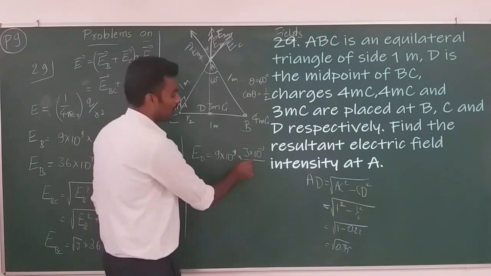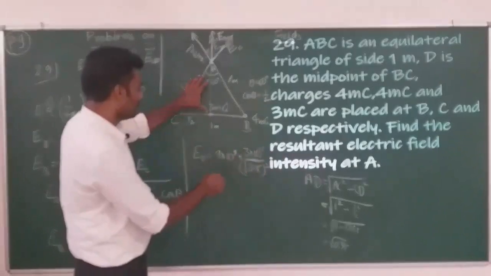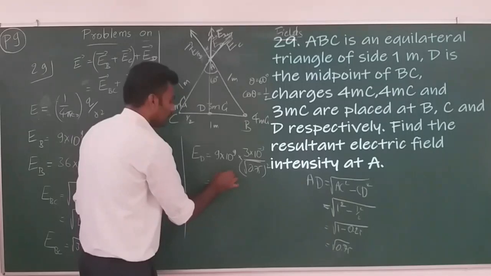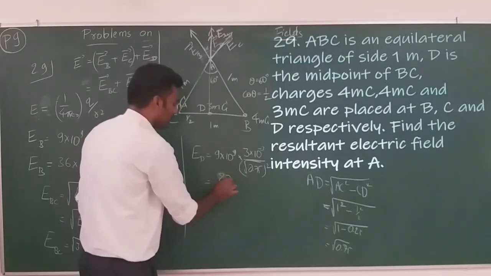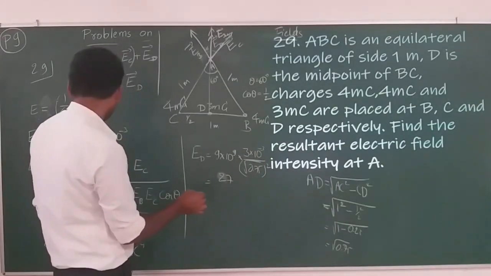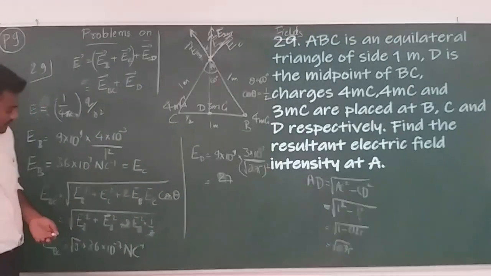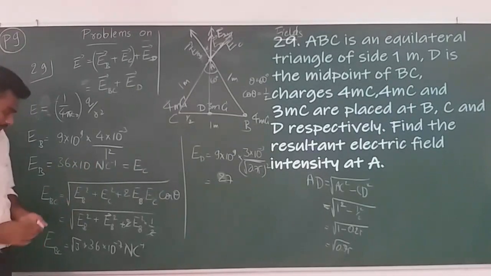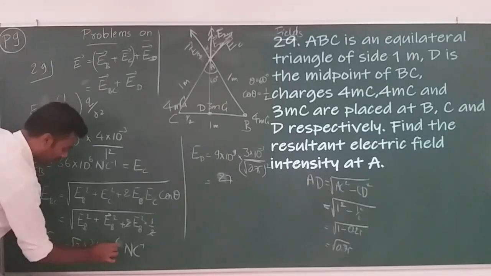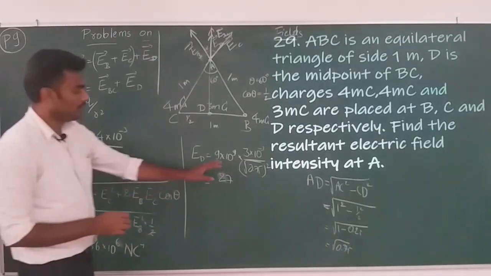So now here you have r squared as 0.75, because it's r squared, which will be 9 into 3 is 27, 9 minus 3 which is 6, right? Sorry, this has become minus 3. So it's plus 6 Newton per coulomb.